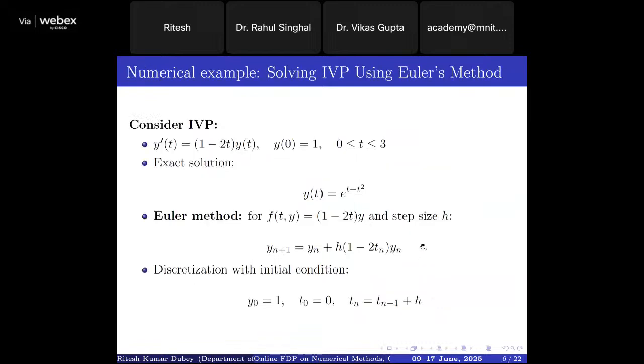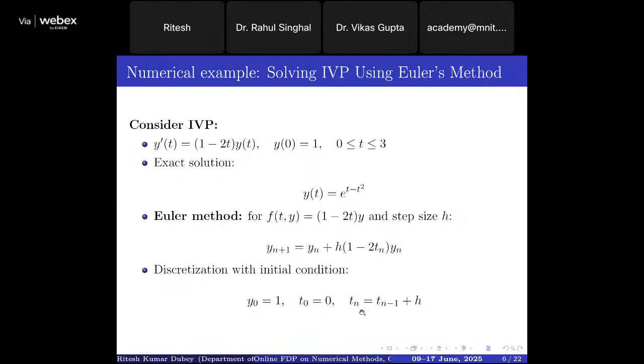In order to solve this problem, the implementation is very easy. You know what is y0, which is given in the original equation. You know what is t0, and you know what is capital T, the final time, t equal to 3.